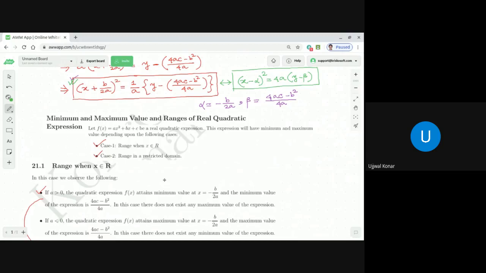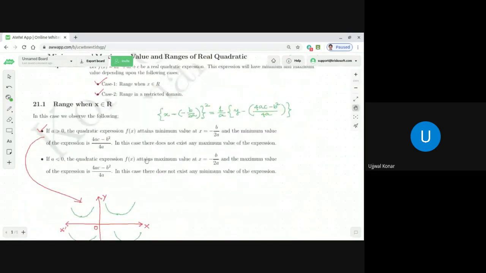So if I write this equation here, then (x minus of minus b by 2a) whole square is equal to 1 by a into (y minus (4ac minus b²) divided by 4a).